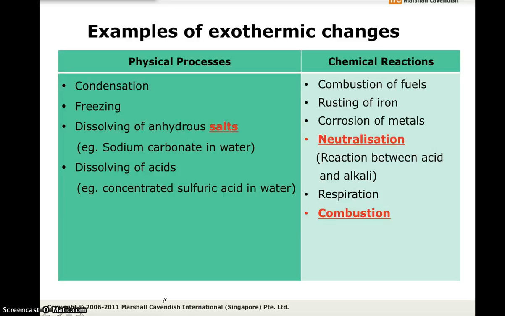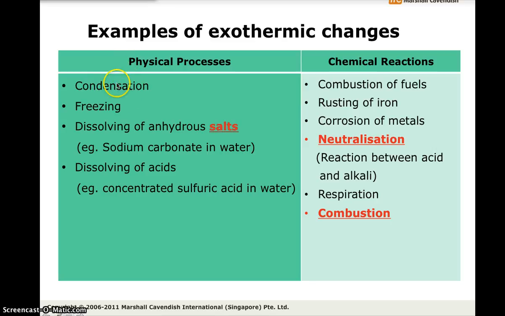Examples of exothermic changes. All these examples you need to memorize or internalize so that you can remember. For exothermic changes, we are not just looking at chemical reactions. Some physical processes can also give out a lot of heat energy. For example, condensation, when you go from gas to liquid.